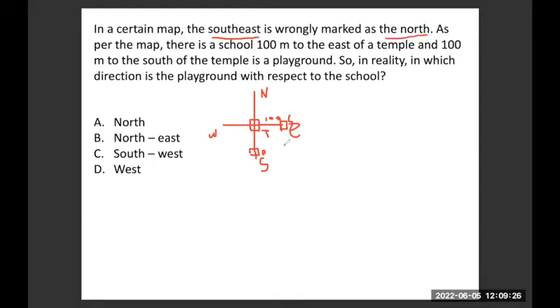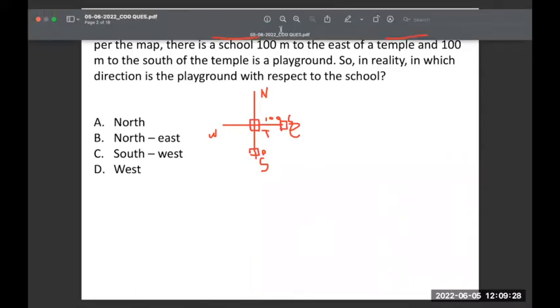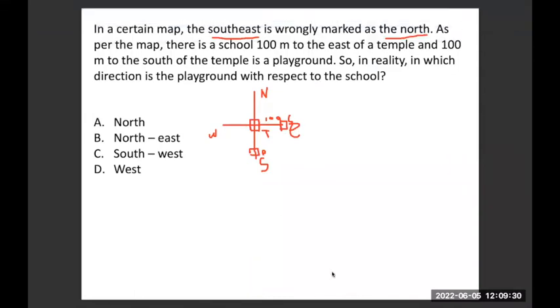Where is the southwest in this direction? Let me use a different color. So the southwest, which is this direction, is wrongly marked as the north.